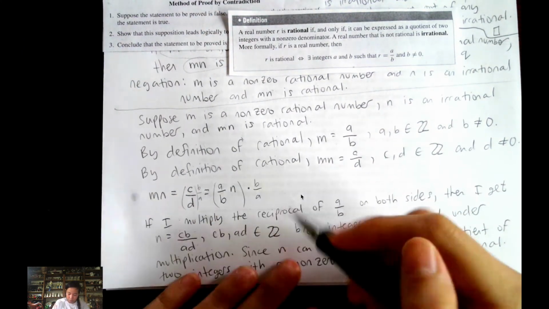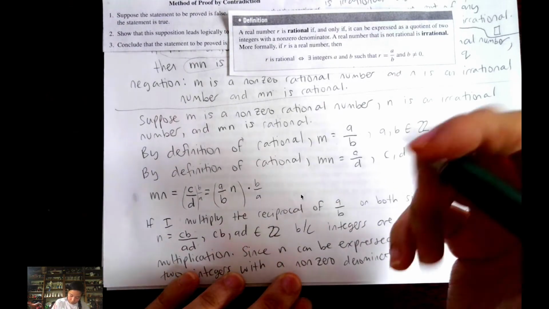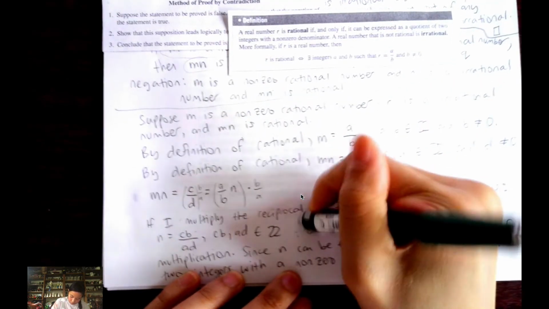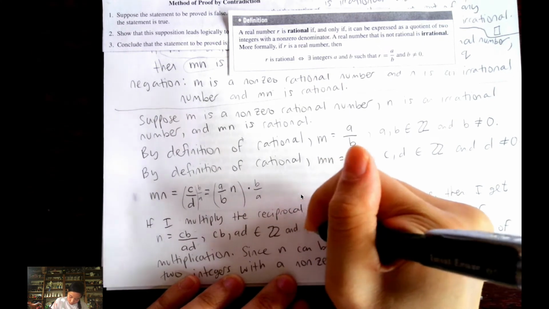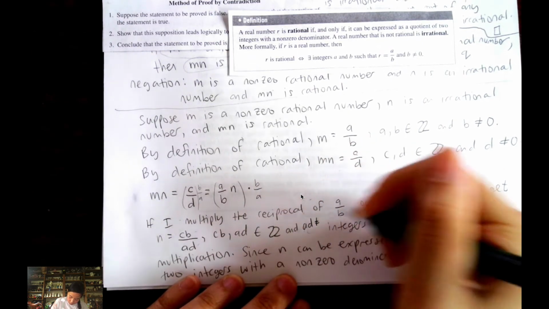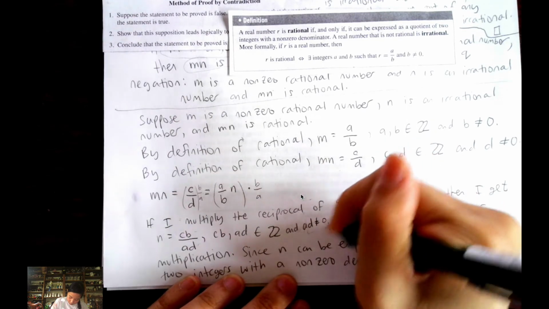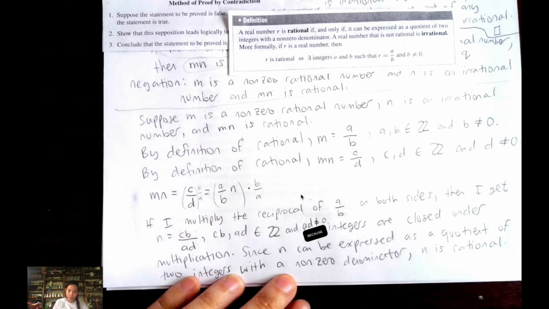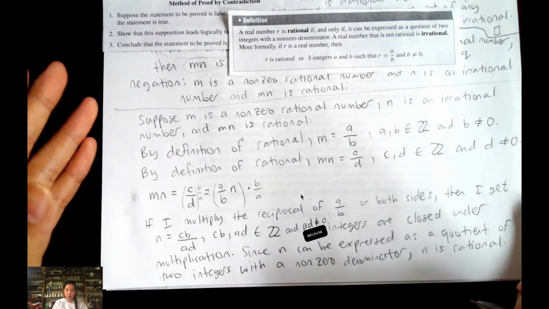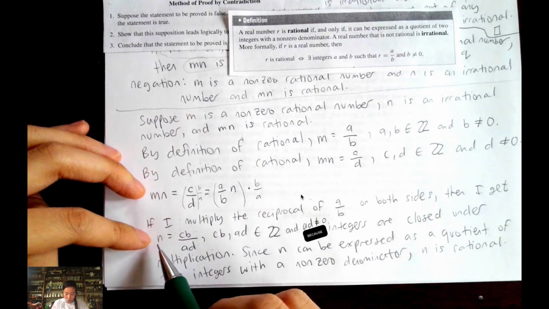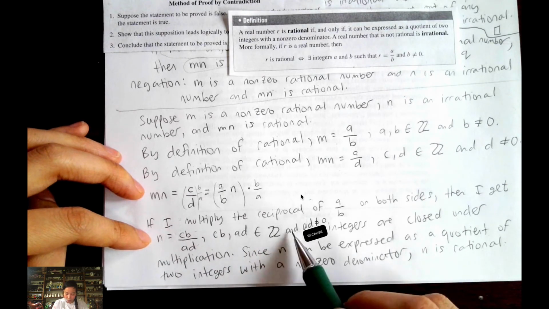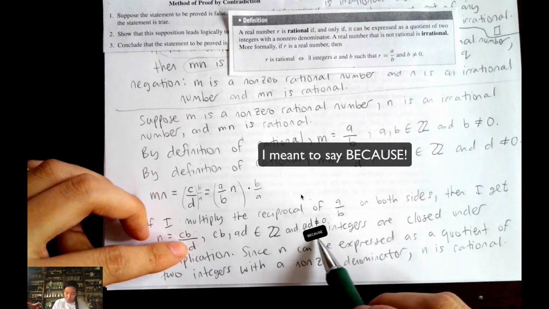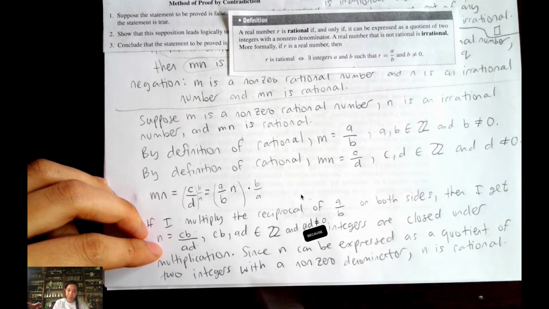Oh, I should probably put right here something like ad is not equal to 0. I'm running out of room, so it's getting a little tight, but this says n equals cb over ad, where cb and ad are integers, and ad is not equal to 0, and integers are closed under multiplication.